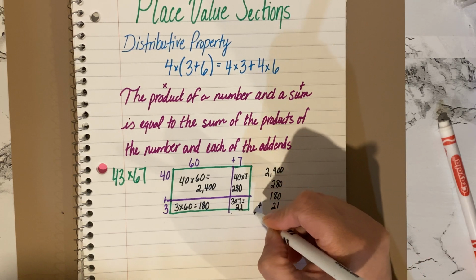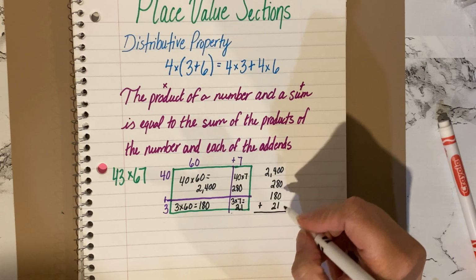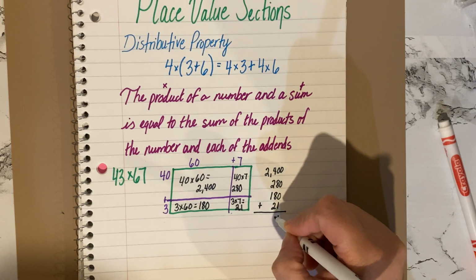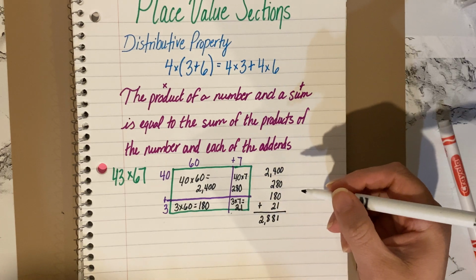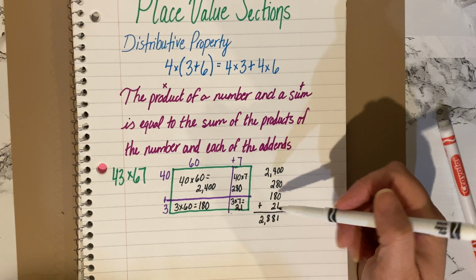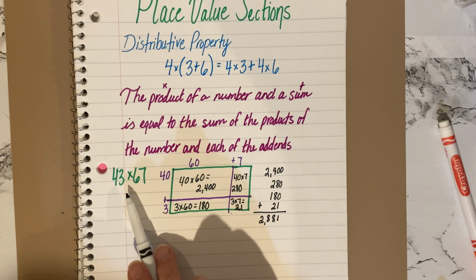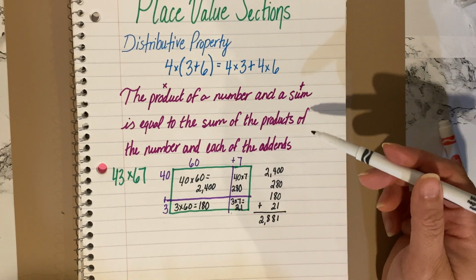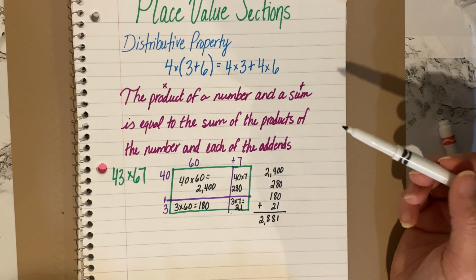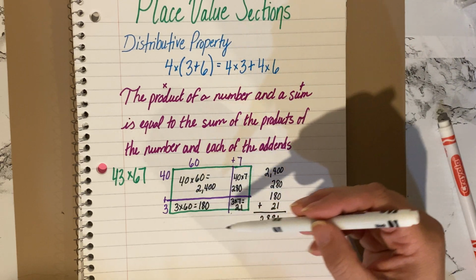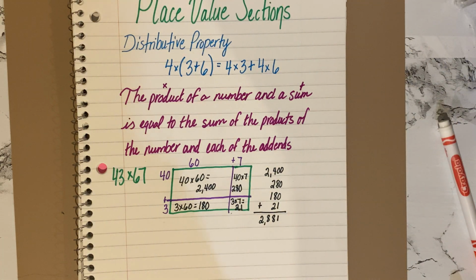If we add all of those together, we end up with 2,881. So I didn't have to use a calculator. I didn't have to create a huge, long problem. It's pretty simple when you use the distributive property to break them into parts and then go back and put all of those parts together. Okay, let's do one more.